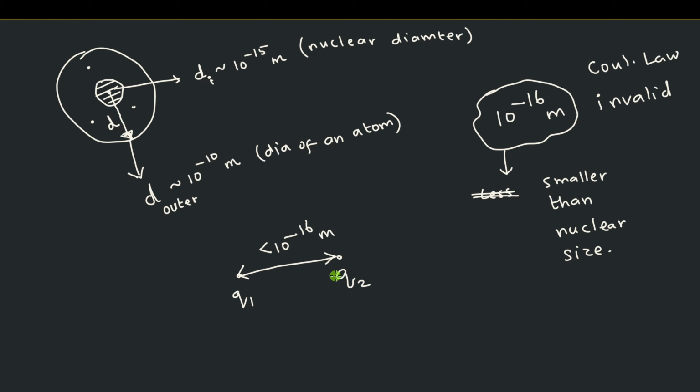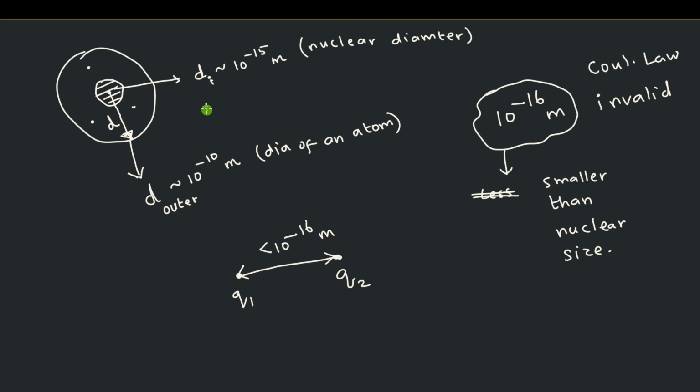But however, we are not going to the nucleus and then doing the experiment. You are now in the laboratory, not inside the nucleus. In the laboratory, we want to keep the two charges, one charge here and another charge here, such that the distance is less than 10 power minus 16 meter. That is what we mean to say. We are not saying that, okay, go inside the nucleus and do it.